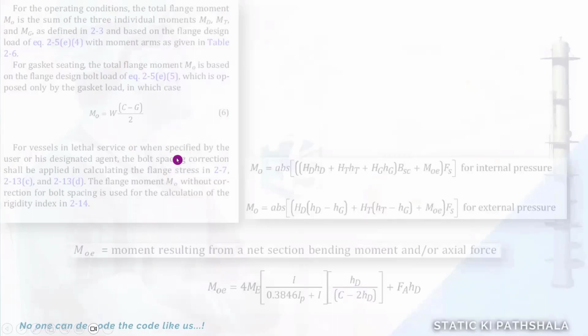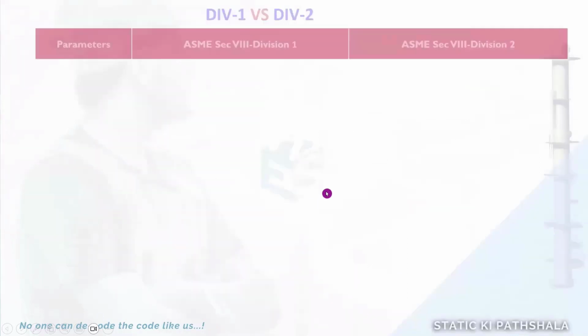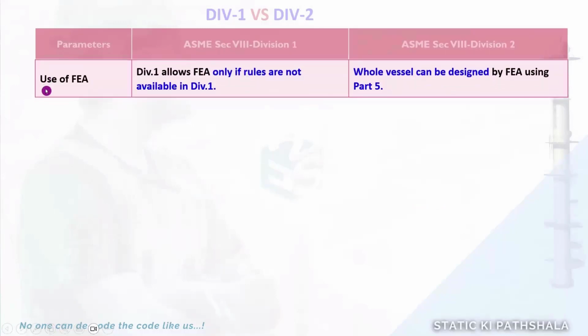So Division 2 also covers the moment caused by external forces and moments, and they have given a detailed procedure to calculate that. So far we have seen the basic differences in the normal equations in Division 2 Part 4, which are much more detailed as compared to Division 1. When it comes to the use of FEA, Division 1 does not allow going directly to FEA if the rules are given in Division 1.